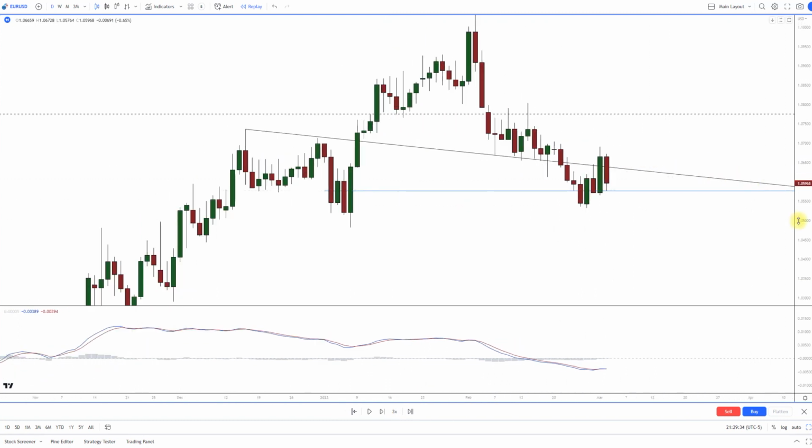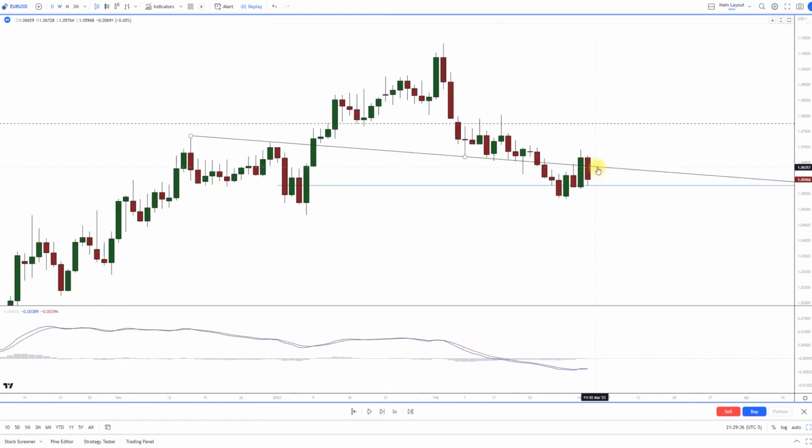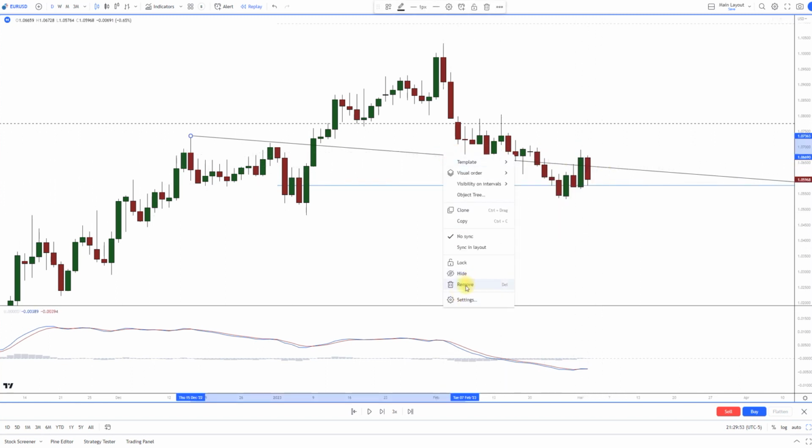I was looking for support at this trend line. One of the things, again, you guys can go back and check out the trend line video that I made on the educational side of the channel. Once I start seeing that the market's not respecting the trend line anymore, I get rid of it. I don't look at it anymore.